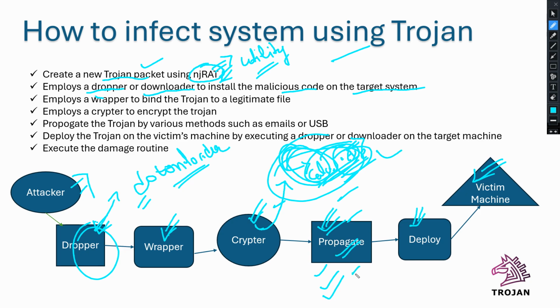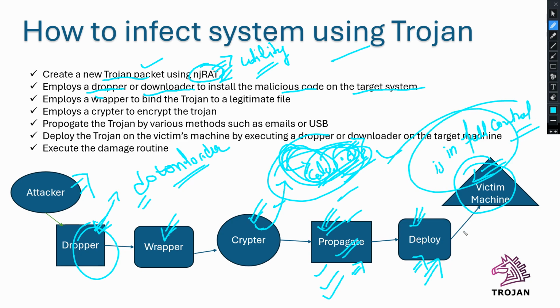Once it is there, the task is to deploy it, to run it. And for Trojans, as we know, user interaction is required. Once this is executed on the victim machine, it is in your full control. You can do whatever you want. This is the process of how to infect systems using a Trojan.